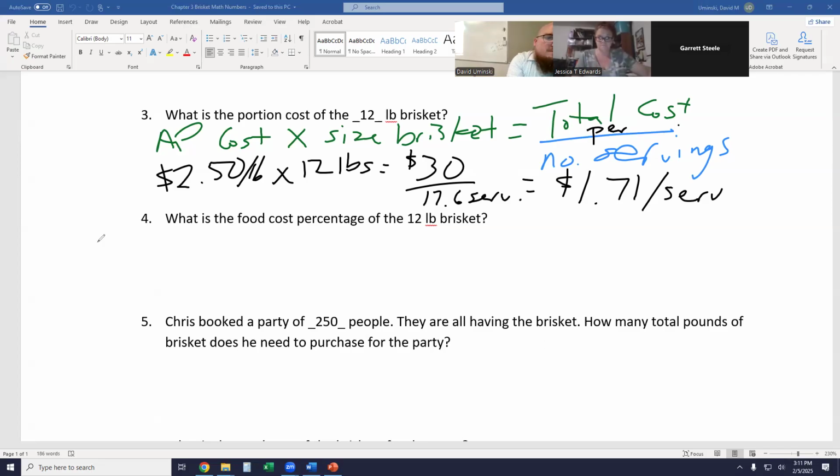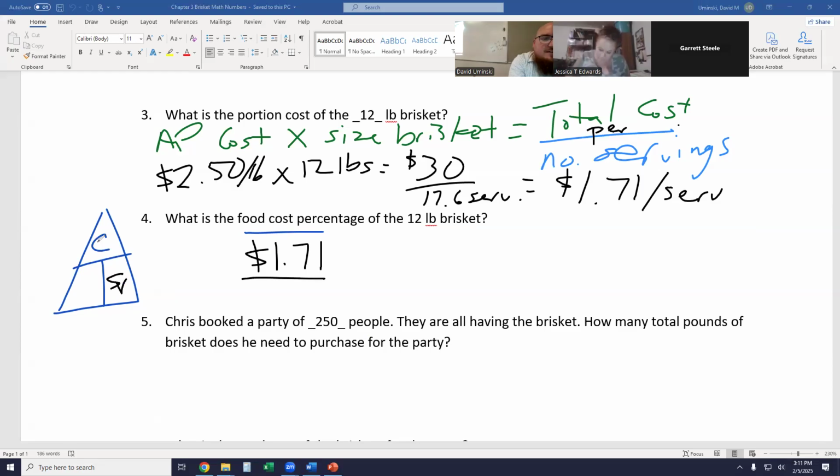Number 4, food cost percentage. What tool are we going to use? Triangle. The triangle. What is my cost for my serving? $1.71. And what is my selling price? $16.95.